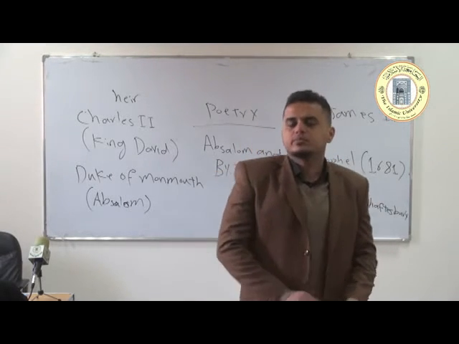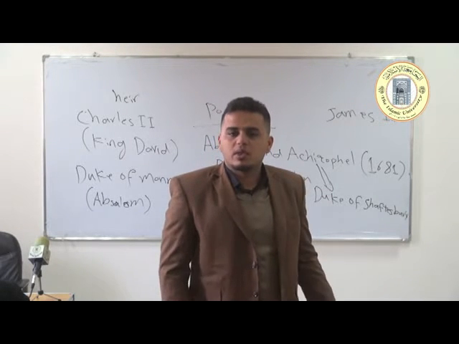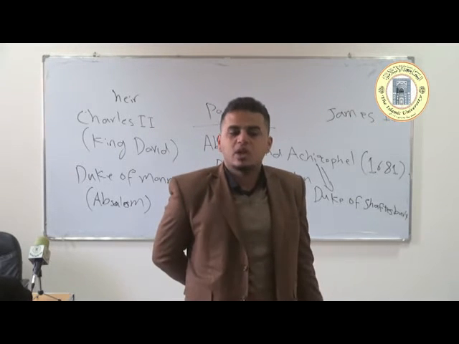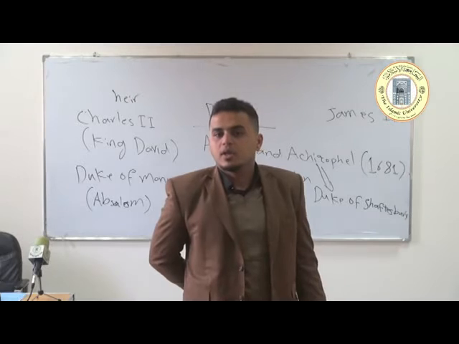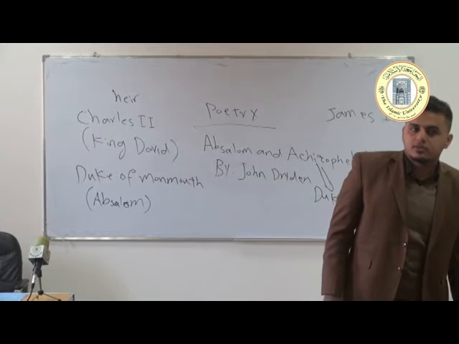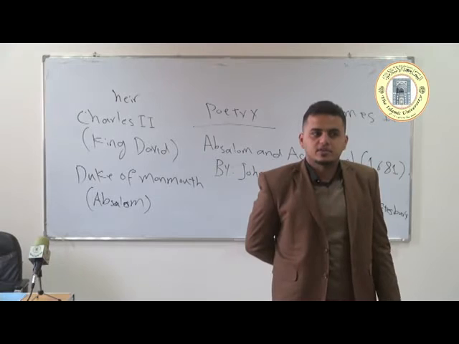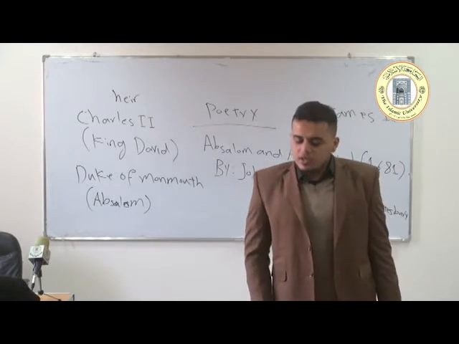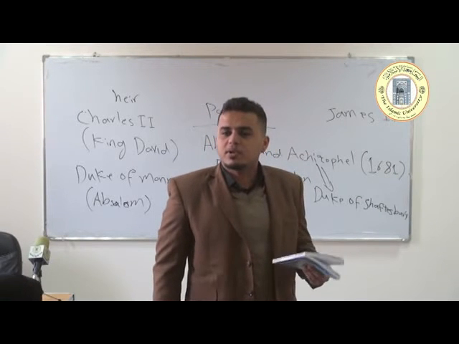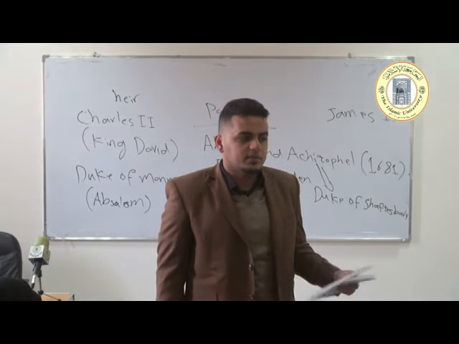Of course, the political situation for England in that period was a crisis. The king had no legitimate children, but at the same time he had mistresses, love affairs outside marriage. They say he has more than one child, but they are illegitimate.